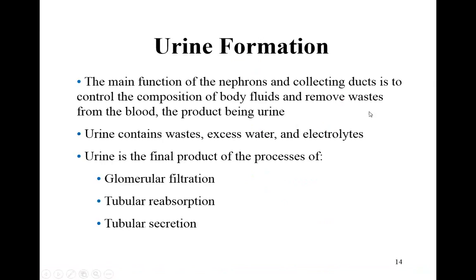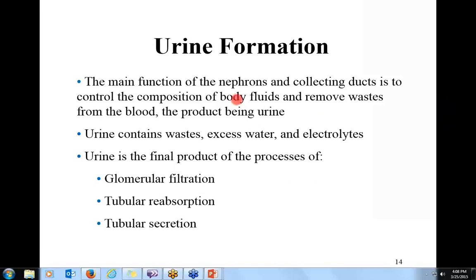All right, so that's the anatomy and histology. Now we're going to talk about physiology and the 3 steps needed for urine formation. Urine is a product of 3 processes. Glomerular filtration is when fluids leave the glomerular capillaries and enter the glomerular capsule.